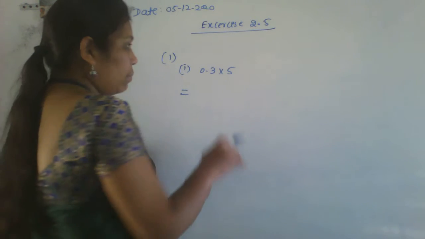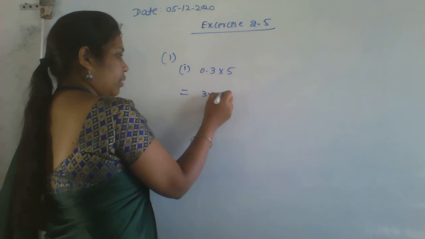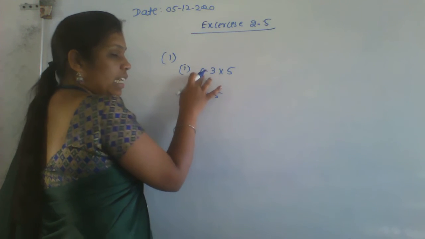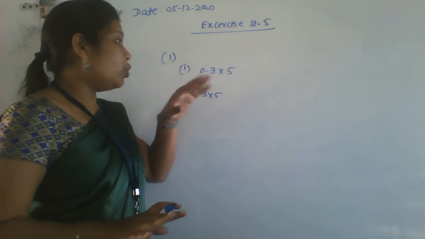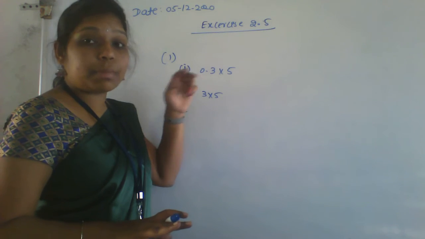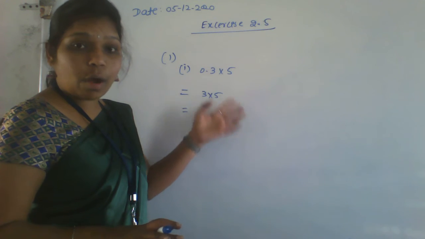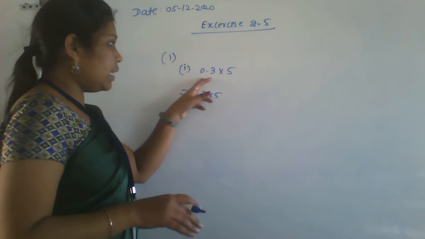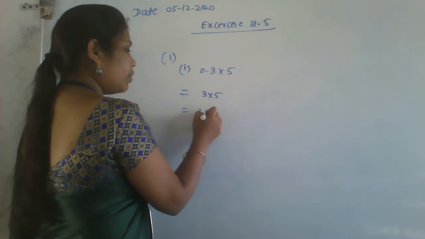So only multiply here, 3 into 5. Leave the decimal point, don't consider it, just multiply the given two numbers first. So 3 and 5, multiply 3 and 5. What is the answer? That is 15.